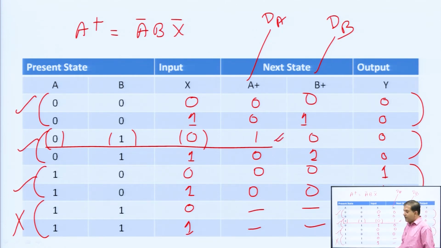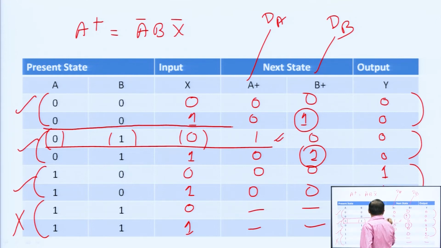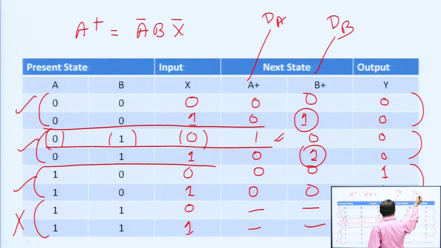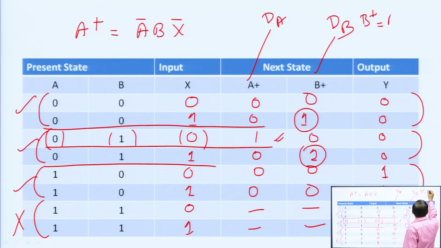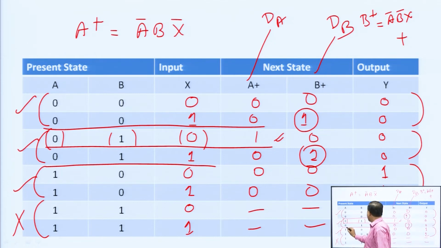Then B plus is 1 for this condition and this condition. So, here we have to follow these two rows, and the values for B plus we can write down as A bar B bar X plus A bar B X. Is it clear to all of you?